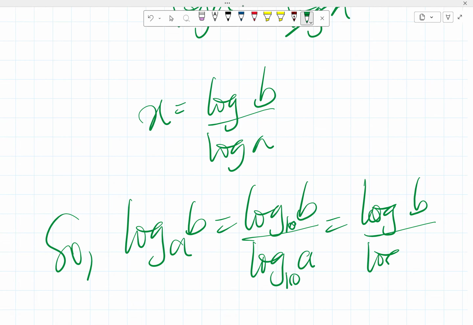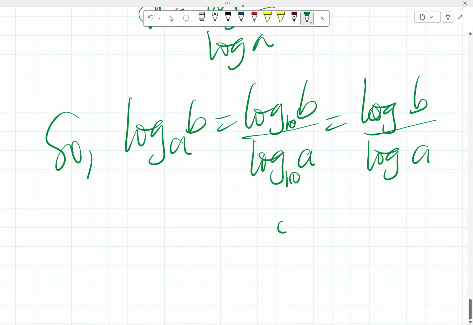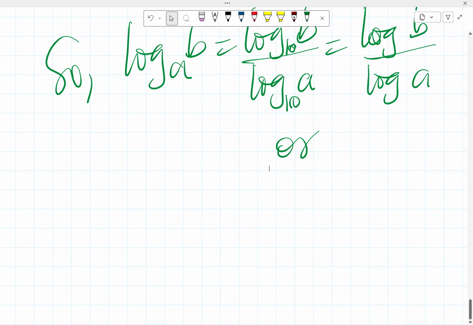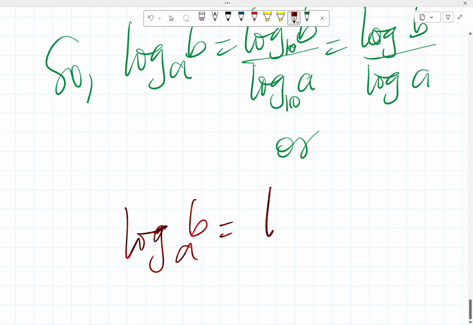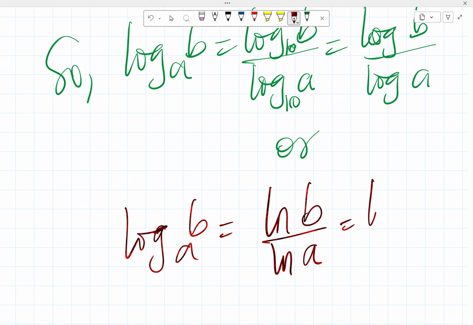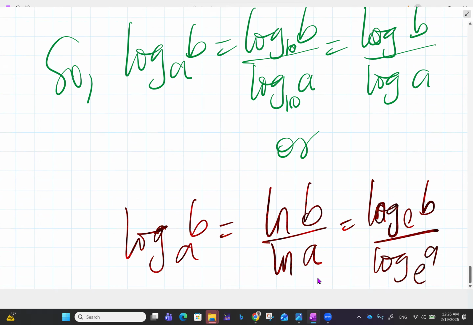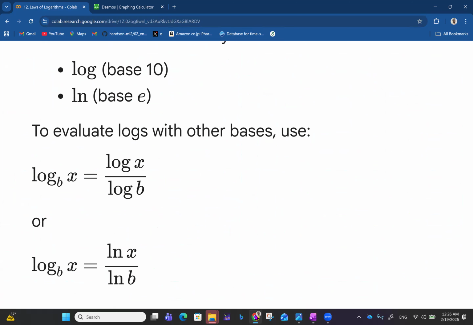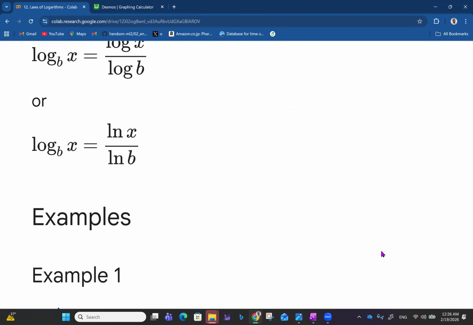Or you can also say that log b to base a is equal to ln b all over ln a, which is the same thing as log b to base e all over log a to base e. Anyhow you choose it, you are good to go. Whatever, no matter if you don't see familiar logs, you can just use this conversion method.